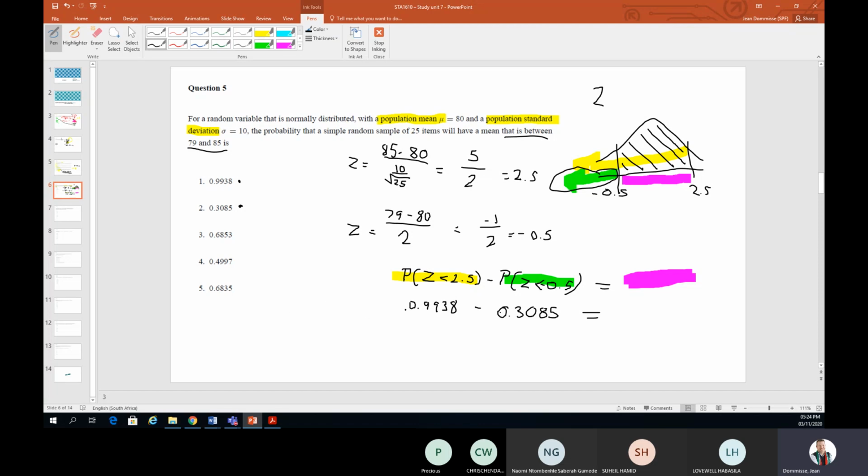Okay, you would have seen I've drawn in a negative at a later stage. So I need to look at the negative 0.5, which gives me that area as 0.3085. So 0.9938 minus 0.3085 gives an answer of 0.6853, which is option 3 as the correct answer.